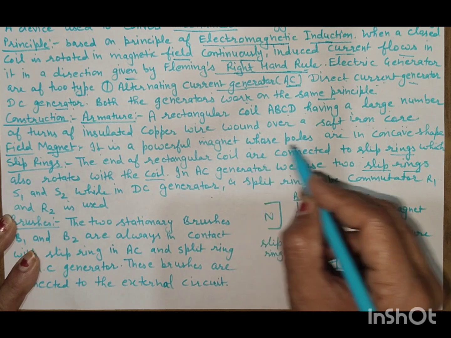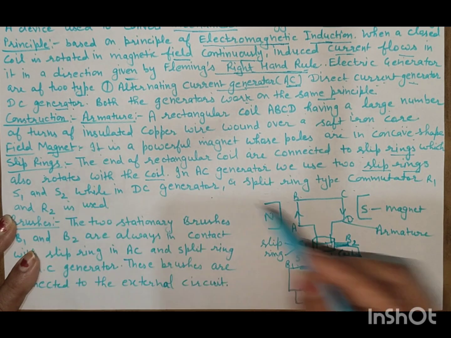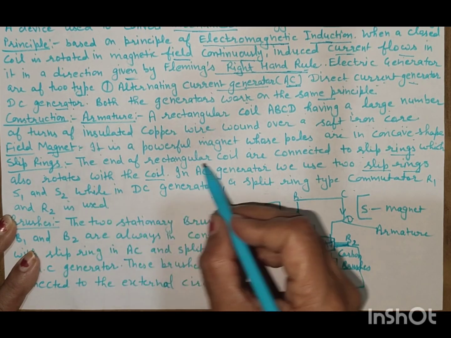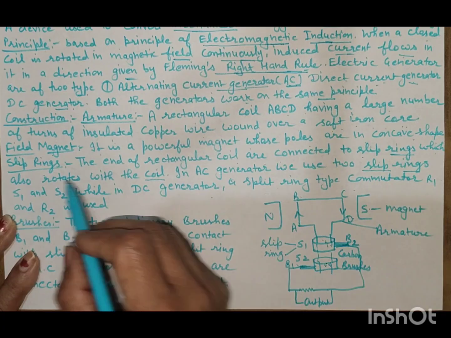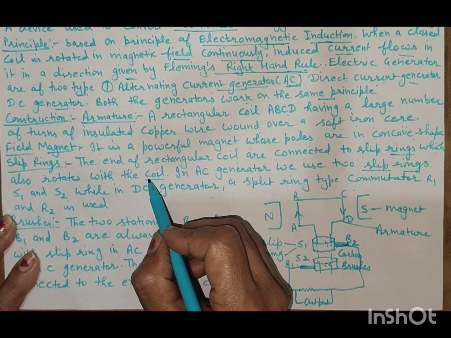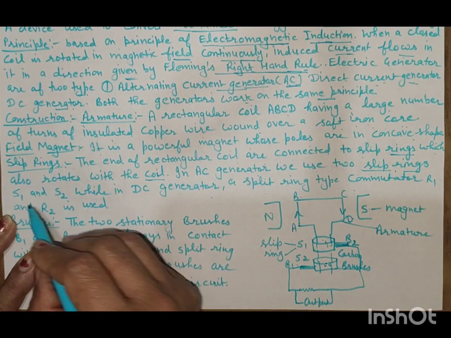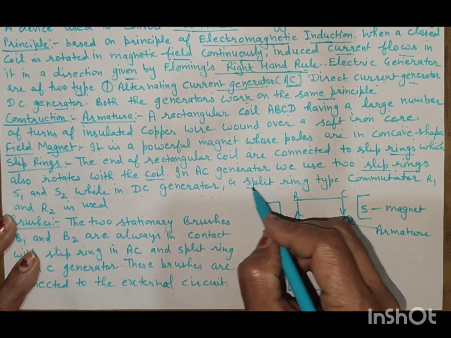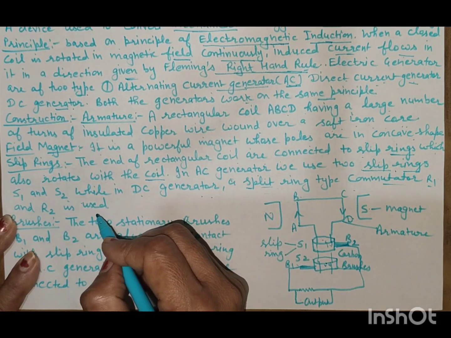It is a powerful magnet whose poles are concave in shape. Slip rings. These are S1 and S2, the two slip rings. The ends of the rectangular coil are connected to the slip rings, which also rotate with the coil. In an AC generator, we use two slip rings, S1 and S2. But in a DC generator, split rings, not slip rings, of the split ring commutator type, R1 and R2, are used.